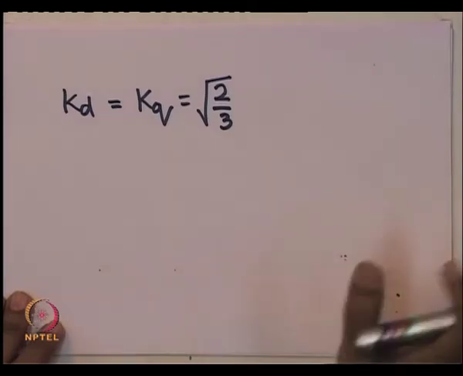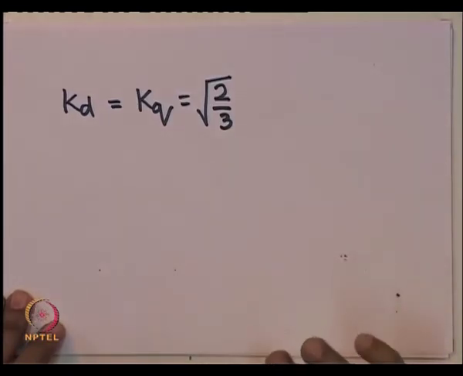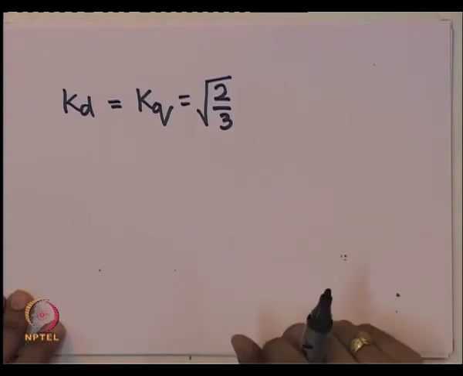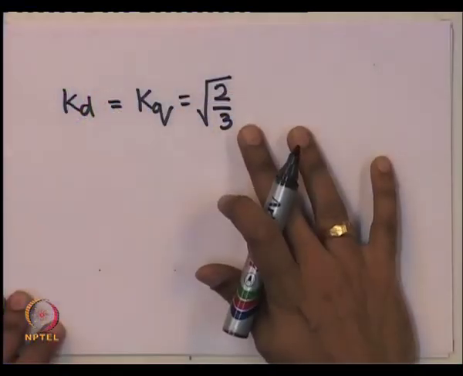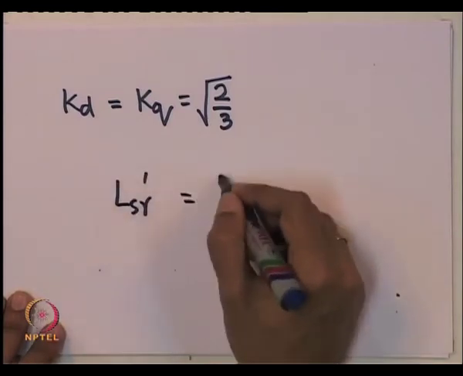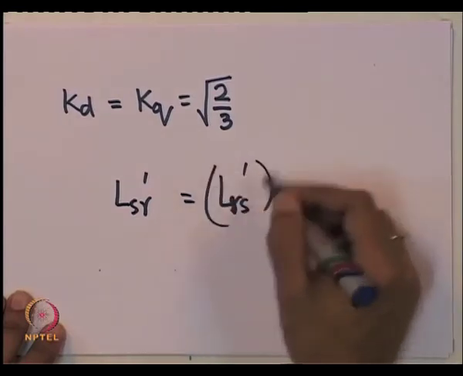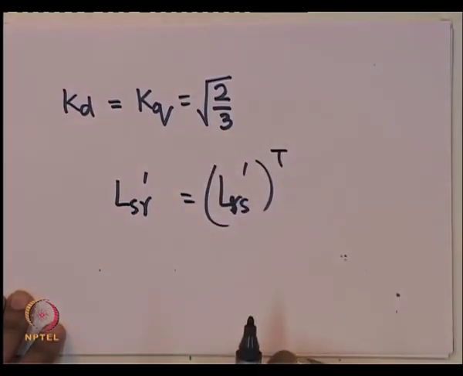So, whatever be the value of Kd and Kq, as long as they are non-zero, we do end up with what we have set out to do, that is get a neat set of equations which are invariant with respect to theta. Okay. So, if we choose Kd and Kq root 2 by 3, it is a very special choice. It will lead us to LSR dash being equal to LRS dash transpose, which is very convenient.